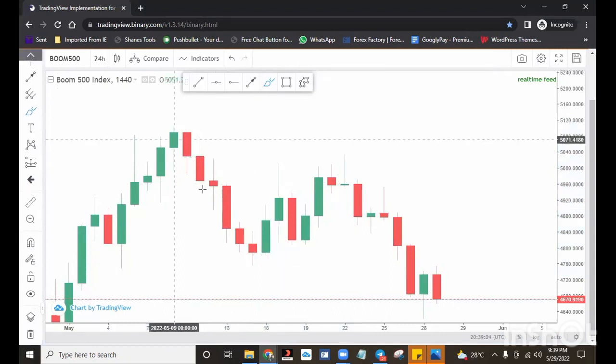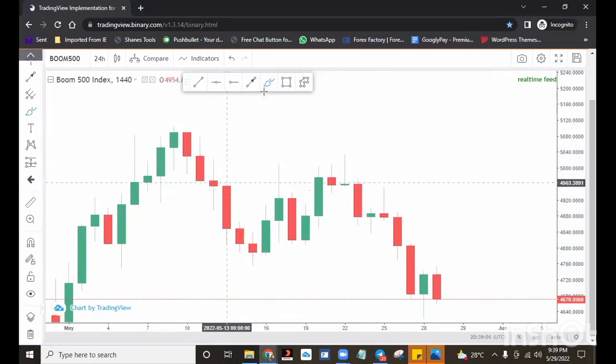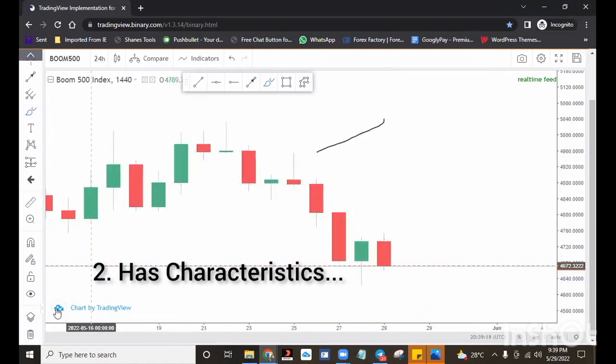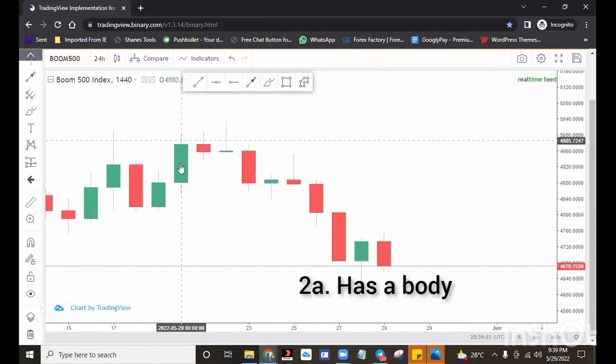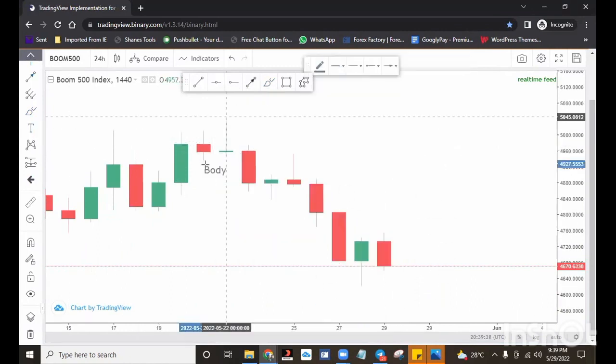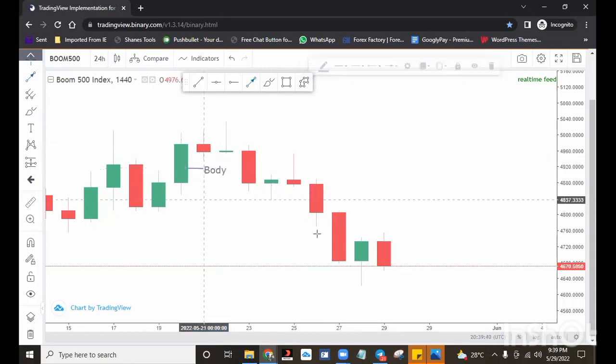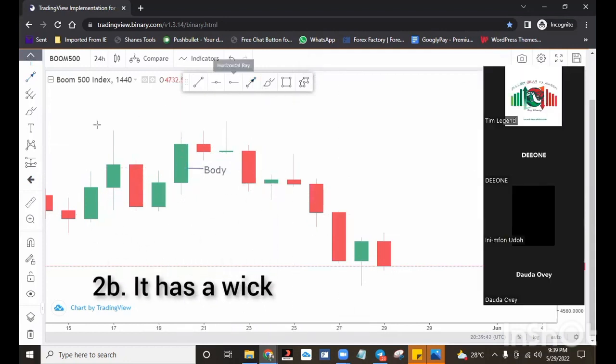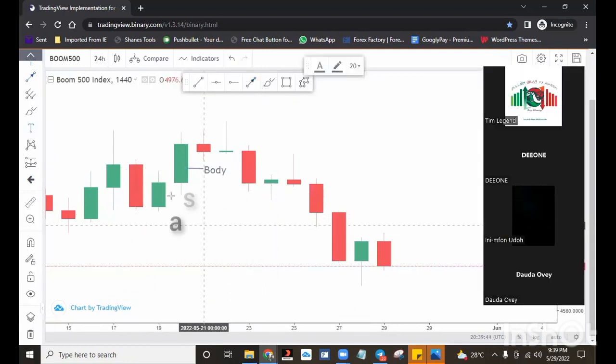The second thing you want to observe about candlesticks is that it has two characteristics. Number one, it has a body. This is known as the body of the candlestick. And it has what we call a wick.